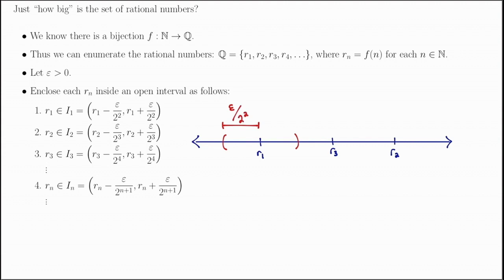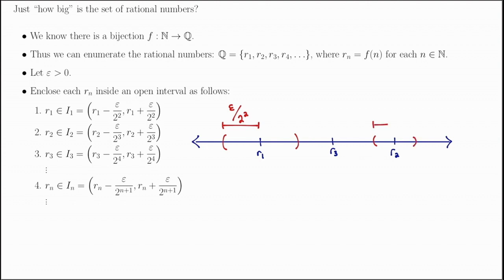Okay, now what I'm going to do is go to the second rational number r sub 2, and my notion of second here comes from that bijection. And I'm going to draw an open neighborhood around it, but its radius is going to be half of the radius I just used. So we're going to go to r2 minus epsilon over 8, all the way to the right to r2 plus epsilon over 8.